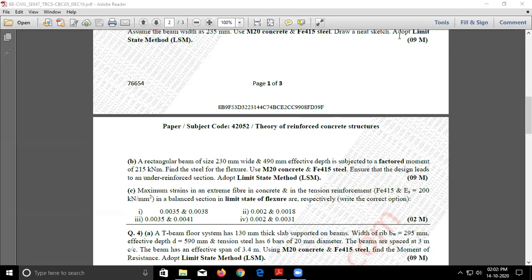Anyone? Singly. Okay, so by looking at it you understood that it is singly, or you have to check whether it is singly. How did you come to the conclusion that it is singly, Anis?